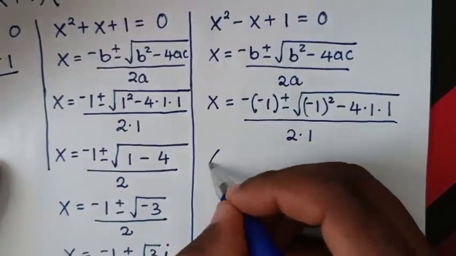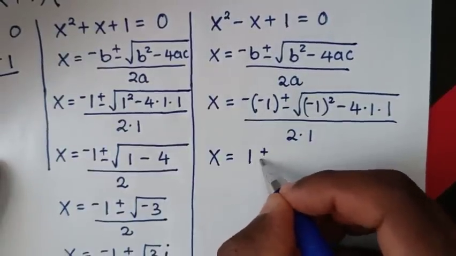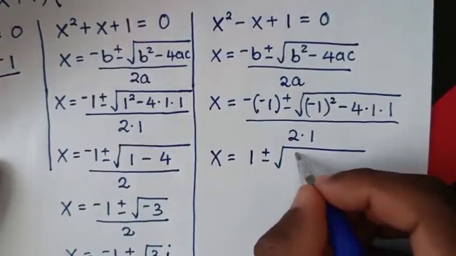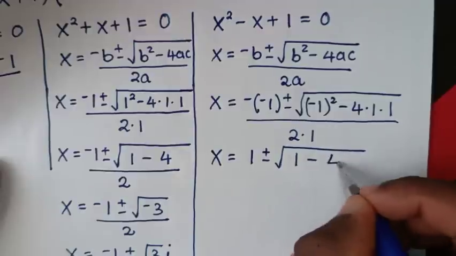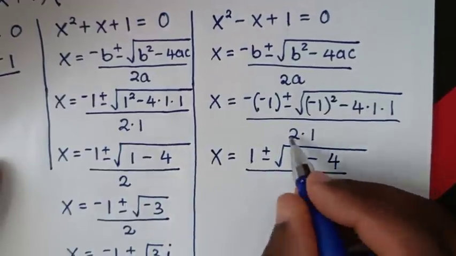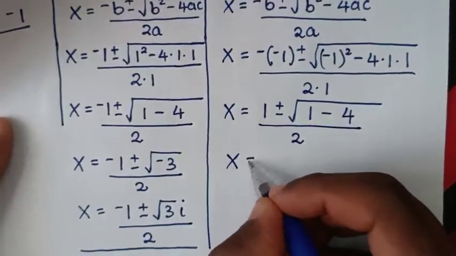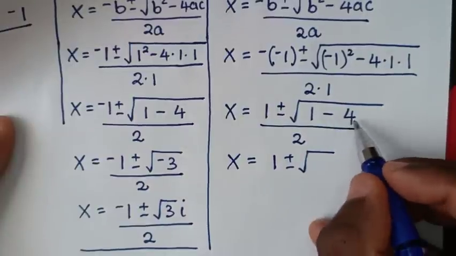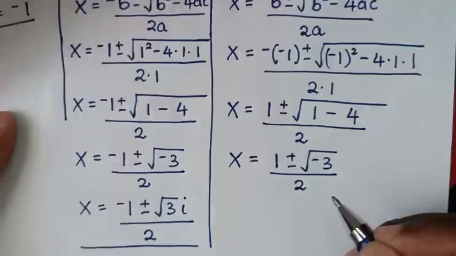Then it will be x is equal to negative 1, it will be positive 1 plus or minus square root of negative 1 squared is positive 1, negative 4 times 1, it is negative 4, then over this and this is 2. Then it will be x is equal to 1 plus or minus square root of 1 minus 4 is negative 3 over this 2.